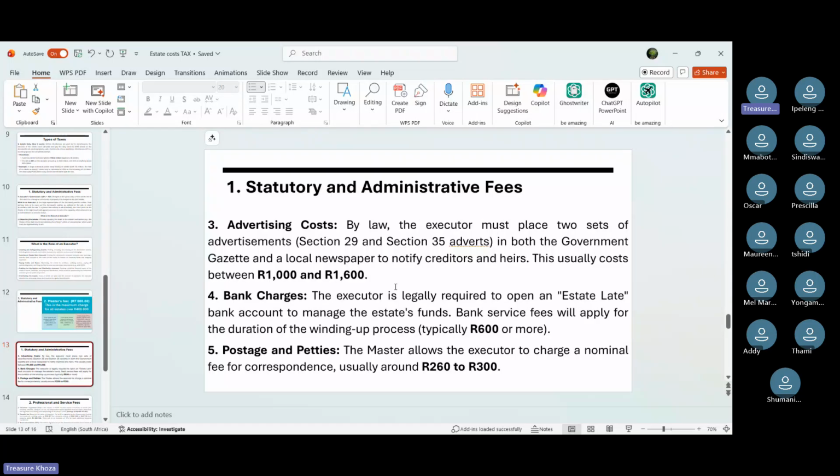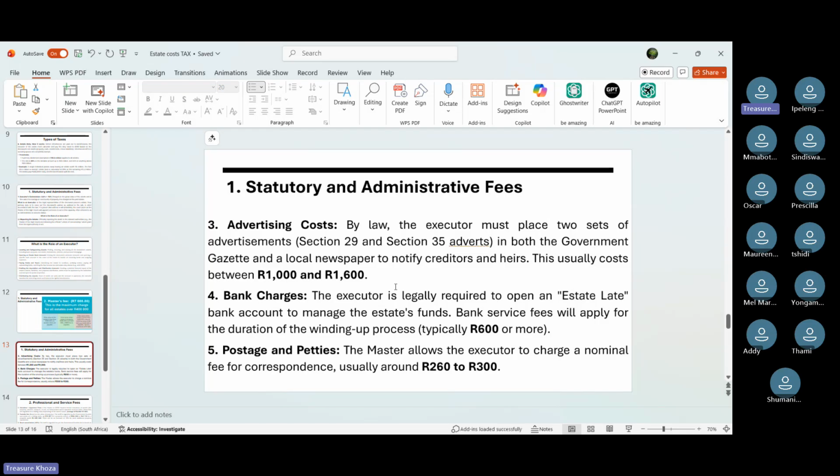So this is going to be advertised, and then everyone will know. Then everyone will show up to the party to say, this person owes me this amount, so that everything will be distributed according to the measures of law. They'll make sure that you settle all your responsibilities before everything is distributed to the people you have appointed as your beneficiaries. So this ranges from around 1,000 to 1,600.